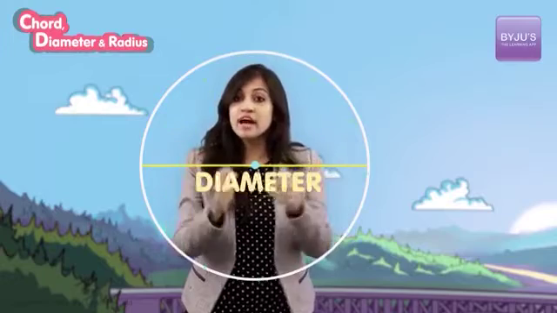How about we summarize everything about the diameter so that it becomes crystal clear to you once again. So let's start. First, we drew a circle. Then, we made the diameter. How did we make the diameter? First, we drew the radius. Then, we extended the radius to the other side and made a diameter.